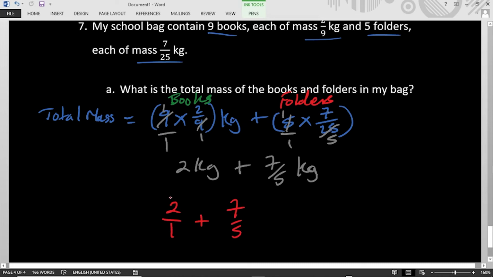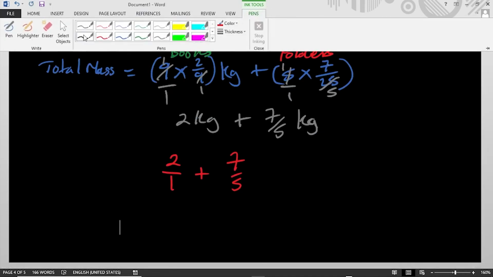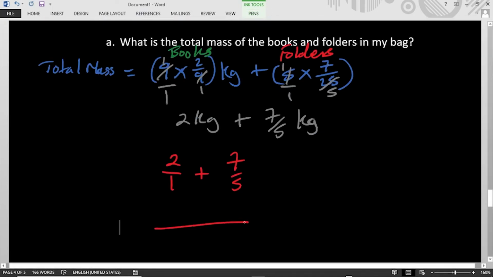Alright. The LCM between 1 and 5 is 5. So we'd have 5 here. 1 into 5 is 5, and then we take the 5 and multiply it by 2. Plus 5 into 5 is 1, and we take the 1 and multiply it by 7.